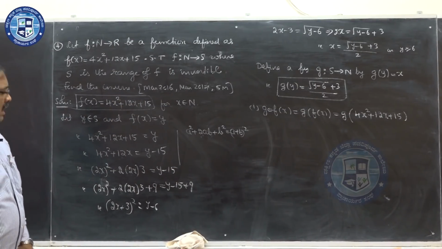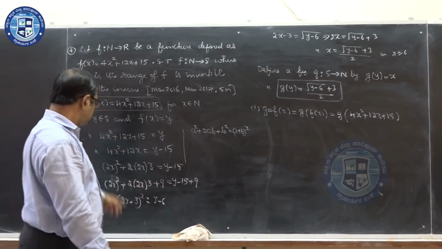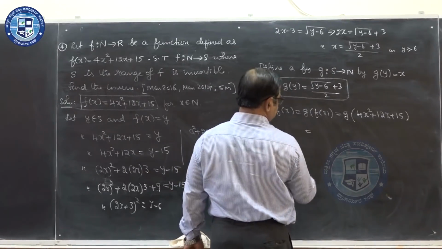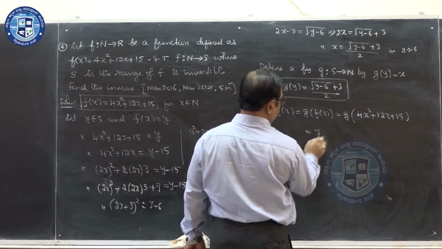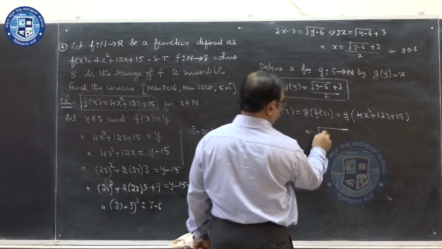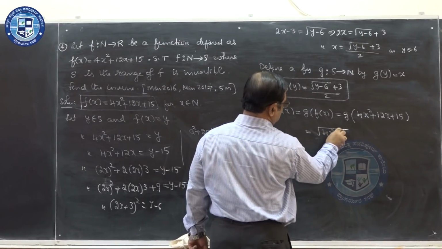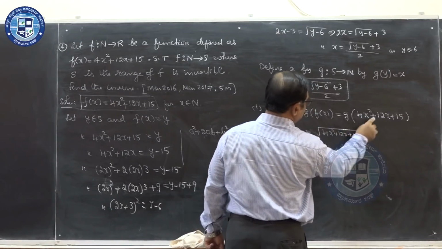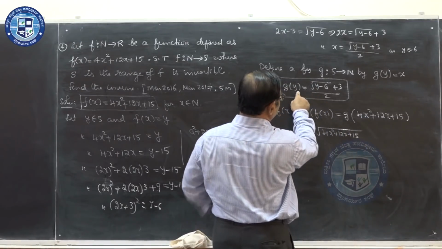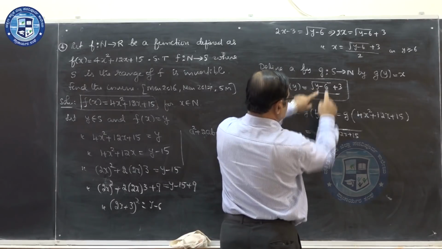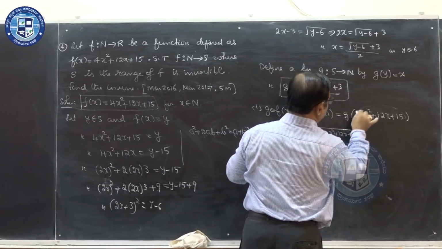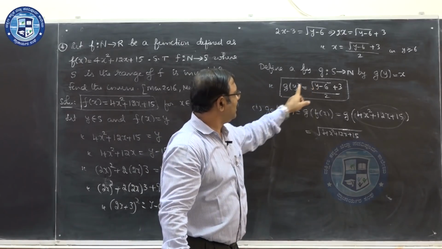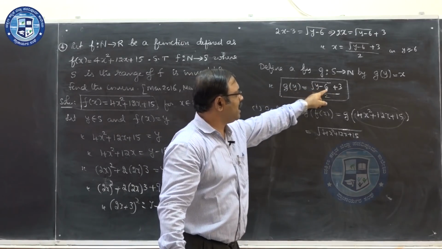Correct? Now this is nothing but g of root of 4x square plus 12x plus 15. See, what is g of y? Root of y minus 6. Now I am taking this as y. Look here, g of y is root of y minus 6.